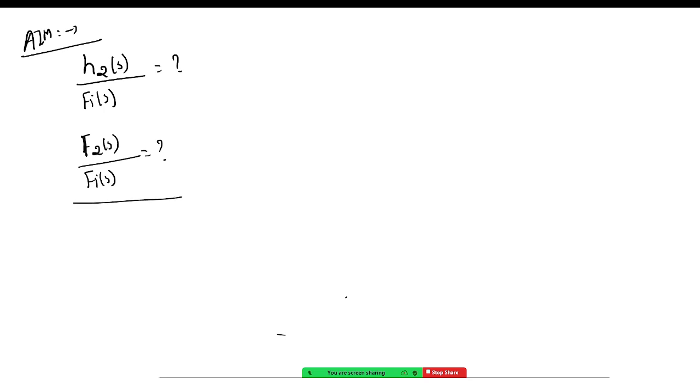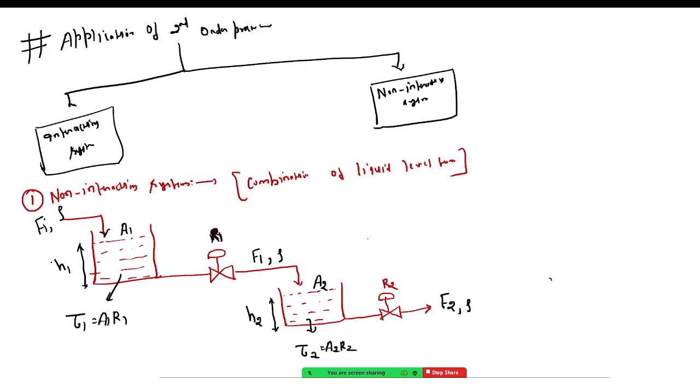This is our aim, and we are very much interested in understanding these things, right? So if I talk about the transfer function of the first tank that I discussed yesterday, here this one is height H1. Can I write H1 in terms of the deviation variable, H1S equals H1T minus H1S? Any doubt? You must be knowing these things now.